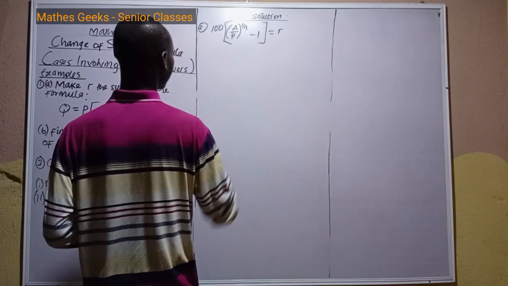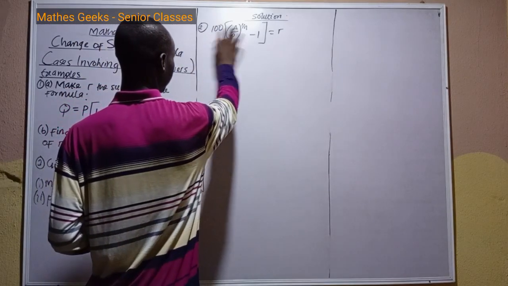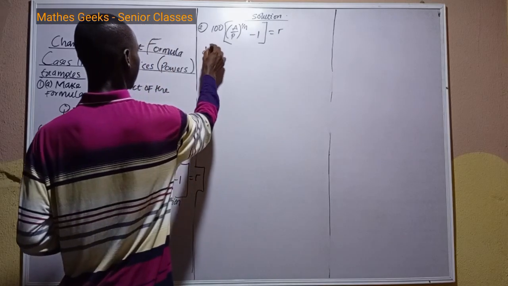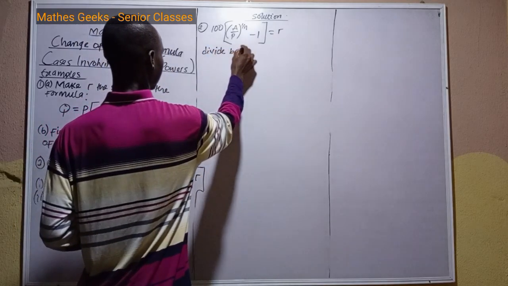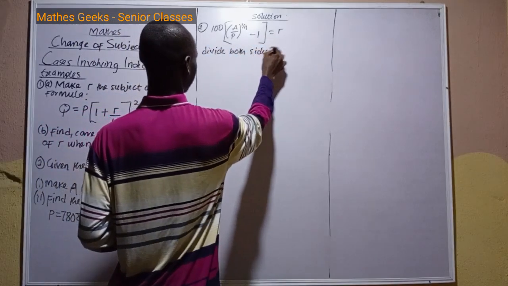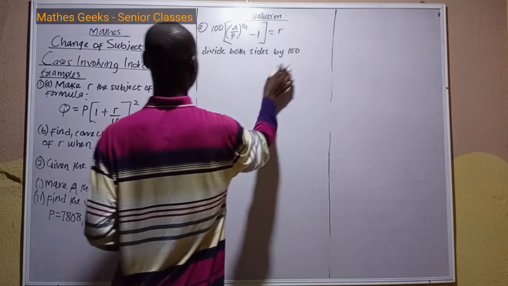R is already the subject here, so we make e the subject instead. To do that, we need to eliminate the 100 from here. So we divide both sides by 100.